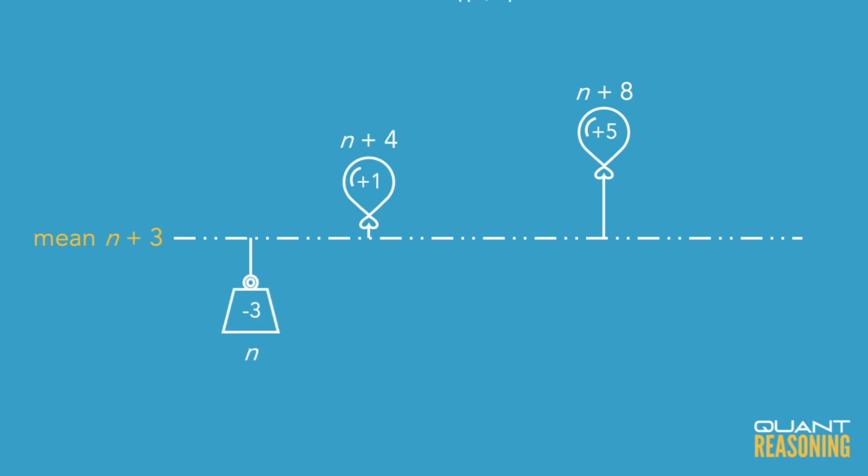The n is 3 below n plus 3. We've got the n plus 1, which is 2 below, and we've got the n plus 2, which is 1 below. So pulling down, we've got a 3, a 2, and a 1 for a total of 6. On the higher end, we have a 1 and a 5 pulling up, which is also 6. So those cancel out, which means we were right, n plus 3 is the mean.